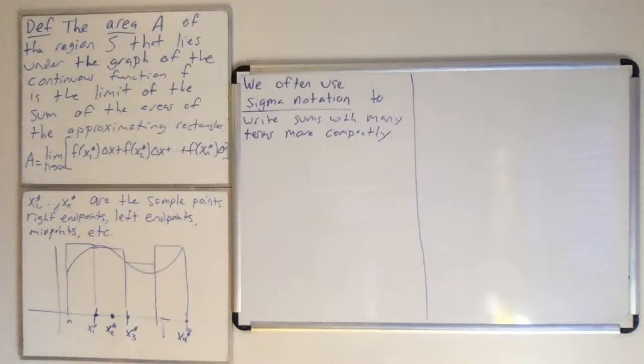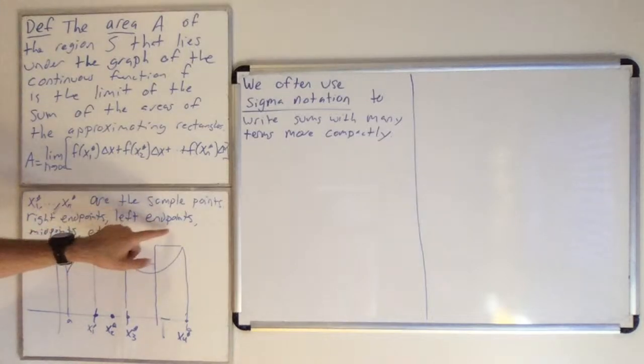Okay, what do the stars mean? It's just notation to keep track of that we're using some sort of sample point. So it's not terribly important, but it's saying these represent the sample points that give us our heights. So in our example last time, we used the right endpoints as our sample points. They told us what the height was. Or we also used the left endpoints to tell us the height.